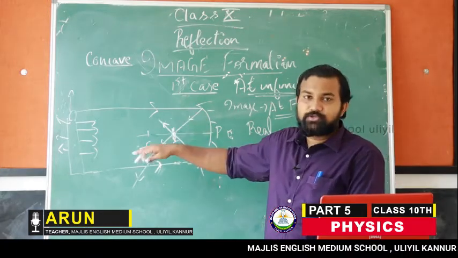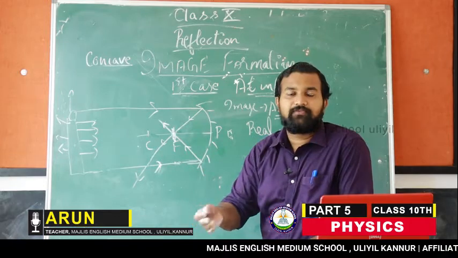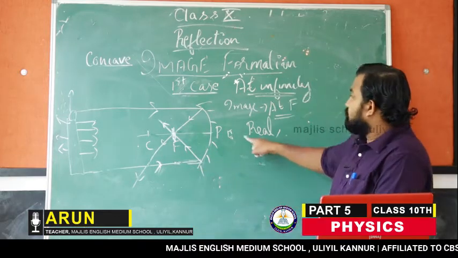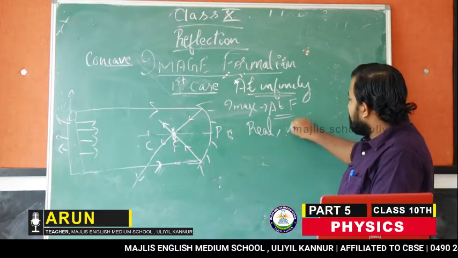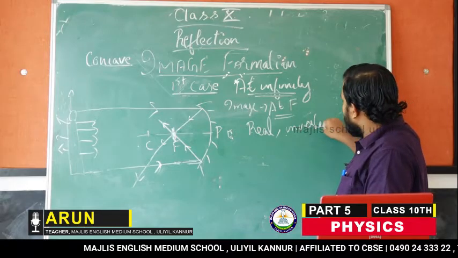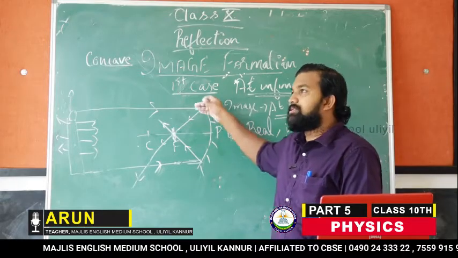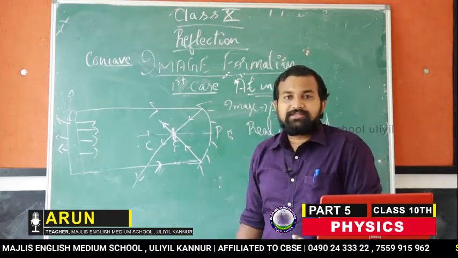In the next case, you will understand more clearly how and why it is inverted. So, real image, I hope no one has any doubt, because both the rays are really meeting.